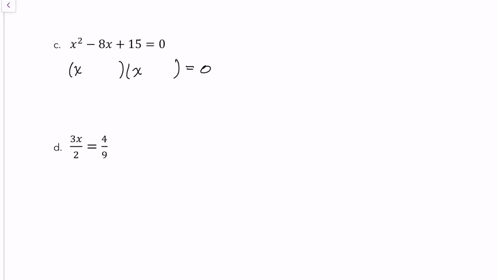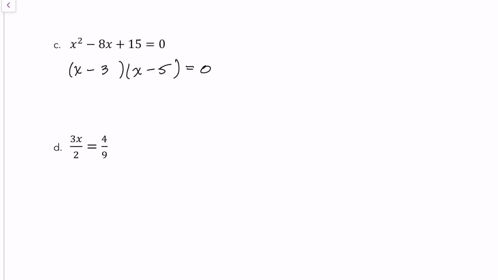Those two numbers are negative 3 and negative 5. If you expand this whole expression, you're going to get precisely the left-hand side of the equation above.